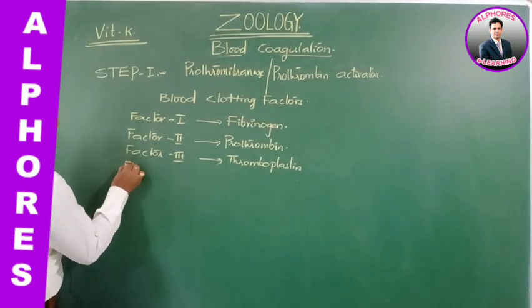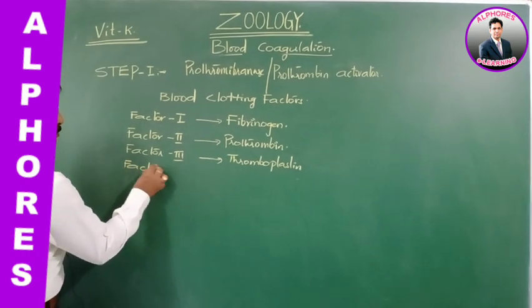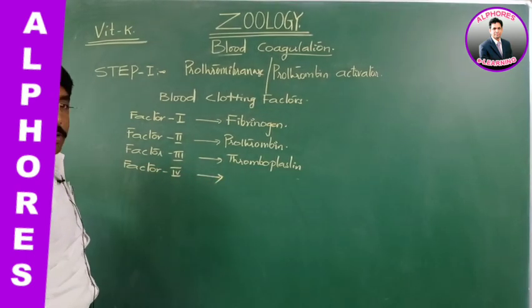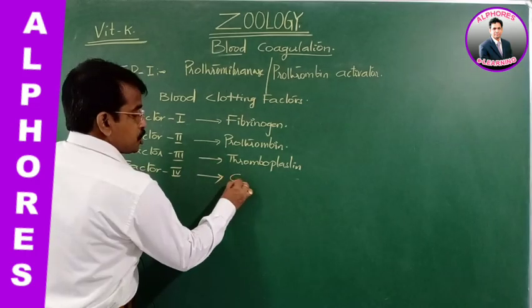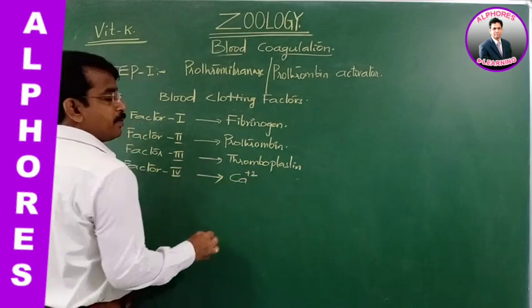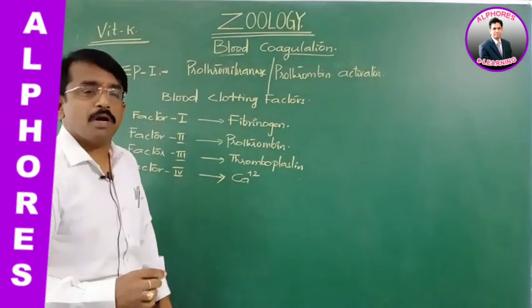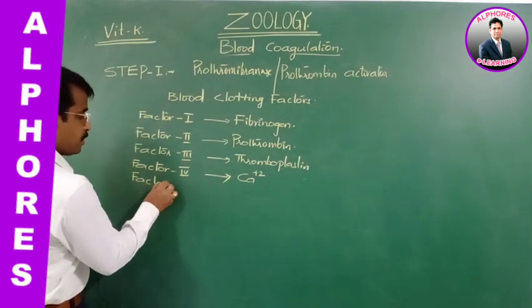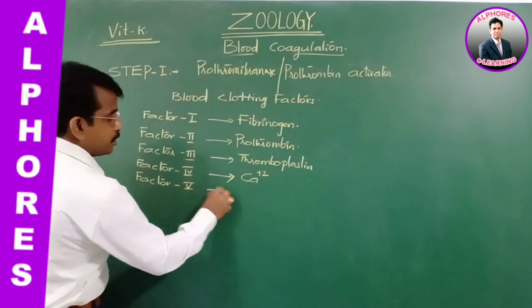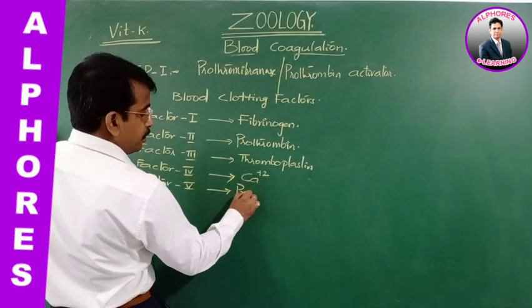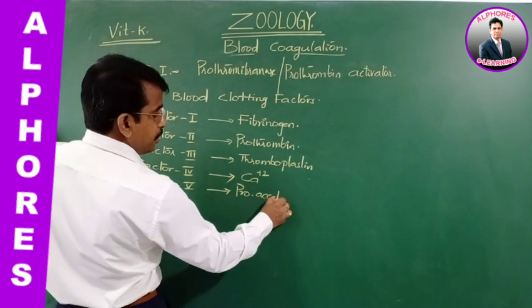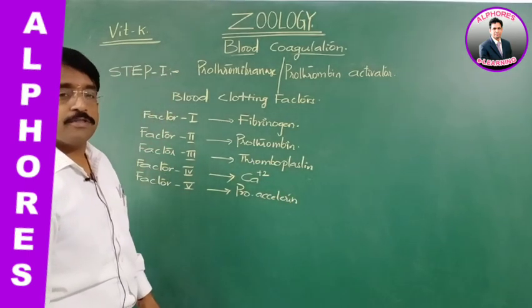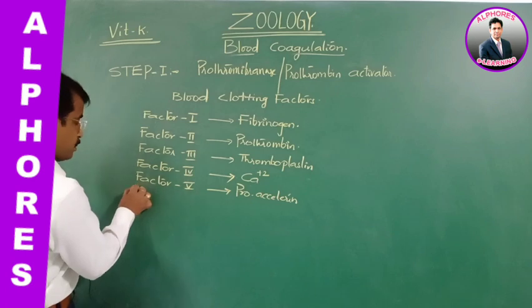Next, factor 4 is calcium ions. Calcium ions also play a vital role in blood coagulation. Factor 5 is proaccelerin.